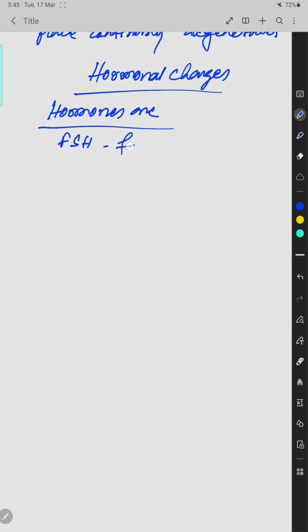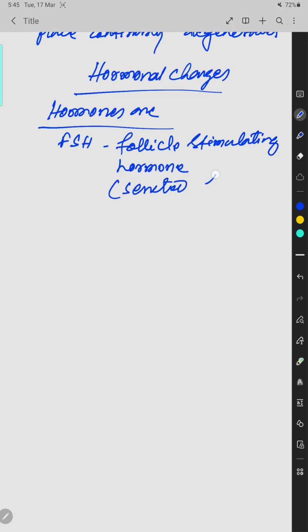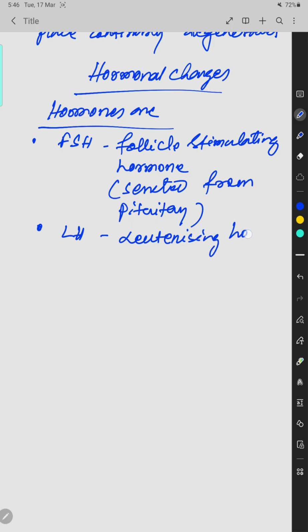FSH, that is follicle stimulating hormone, secreted from pituitary. Then number 2, LH, that is luteinizing hormone, also secreted from pituitary.